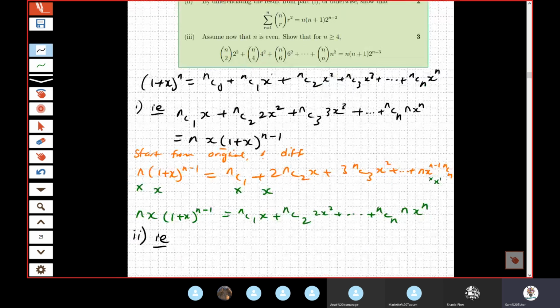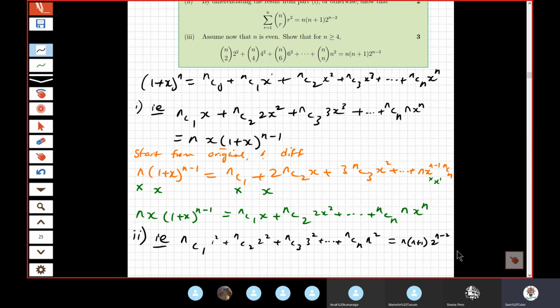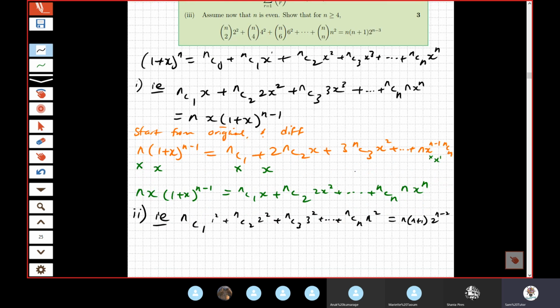You're required to prove n choose 1 times 1 squared, plus n choose 2 times 2 squared, plus n choose 3 times 3 squared, plus dot dot dot, plus the last one's n choose n times n squared is equal to n times (n plus 1) times 2 to the n minus 2. And it obviously has given you the clue. It says by differentiating the result from part I.